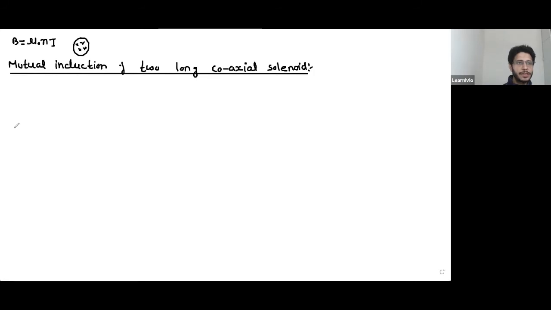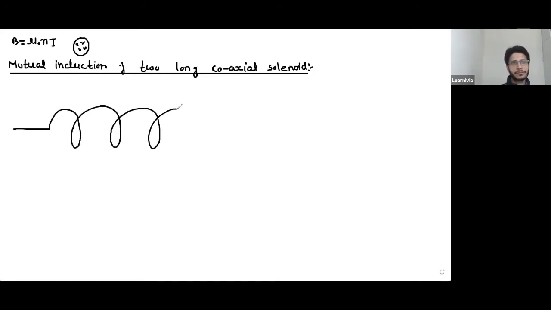So I'm taking two coaxial solenoids, like this is solenoid 1. This is S1.